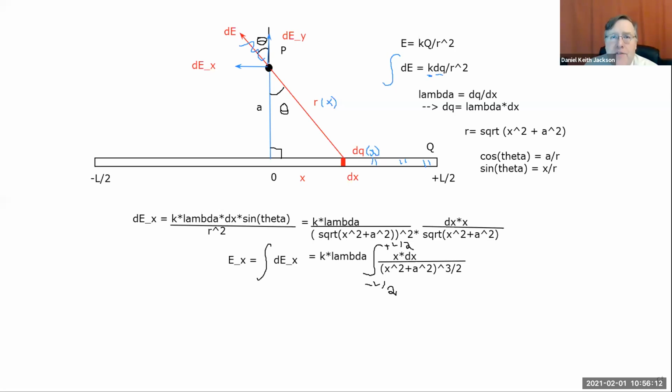Now, we can recognize that from this diagram, because if I take a look at the contribution from the dqs on the left side, which would have a line going this way, with a dE going out in this direction, the x components would cancel. The y components would add together. You can just see that visually. And so you can just declare the symmetry of it by stating the two cancel.